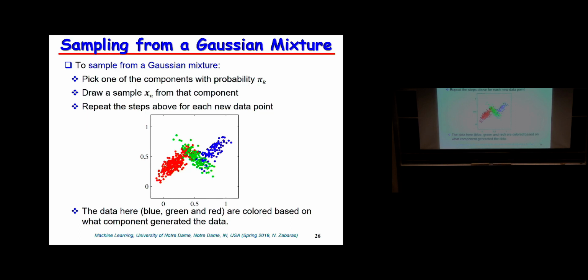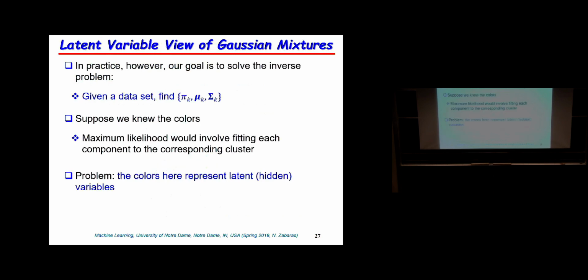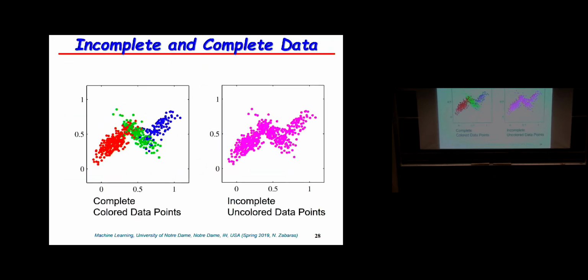If we have data and the data come with labels, with colors, then we can deal with it. But the real problem is when the data are coming uncolored, okay? We cannot separate what Gaussian generated the data.